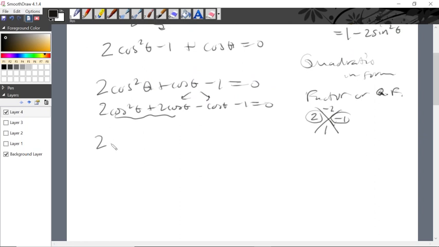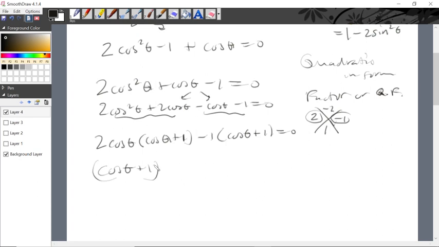First group, we can factor out 2 cosine theta, which leaves us with cosine theta plus 1. In the second group, we factor out a negative 1, which leaves the factor cosine theta plus 1 again. Then it's equal to 0. Cosine theta plus 1 is the shared factor, and the other factor is 2 cosine theta minus 1.